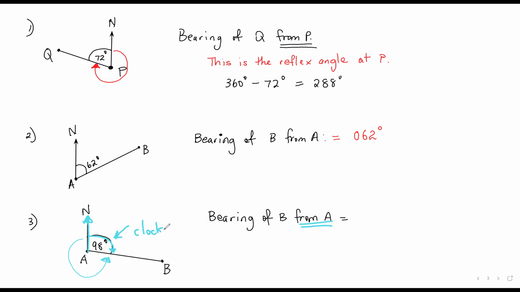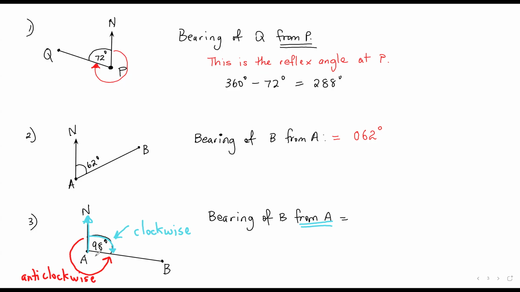So it's always the clockwise angle because you're going to have two angles around any point. You're going to have a clockwise angle and an anti-clockwise angle. You have to be able to identify which angle is your clockwise angle and which one is your anti-clockwise angle. In this case, the reflex angle here is anti-clockwise, so that is not your bearing.